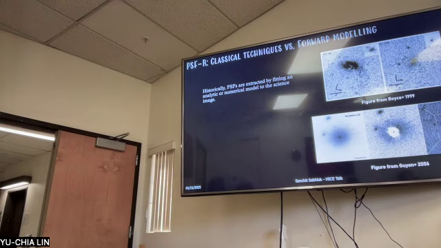This is not novel in and of itself. People have done this before. The top figure is using Hubble, and the PSF was reconstructed using Tiny Tim. People have seen host galaxies around these quasars. The bottom figure is from 2006, from Olivier's paper, and these are using ground-based imaging.